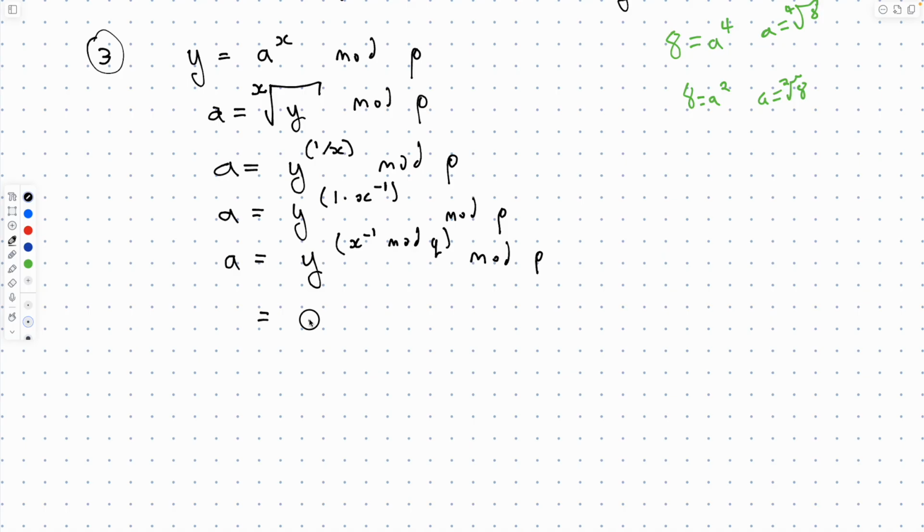So I want to say y to the power of x to the power of -1 mod something, mod q, mod p. Okay? So if I can figure this out, then I can solve this equation.